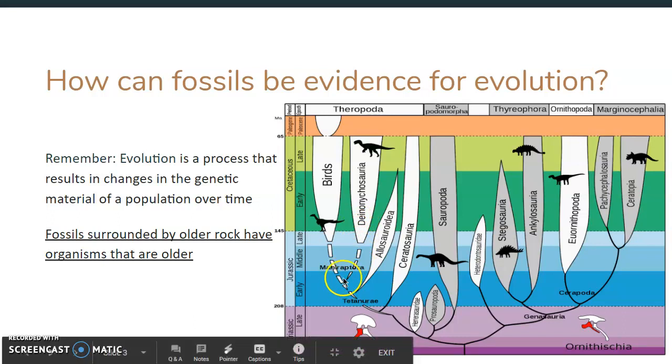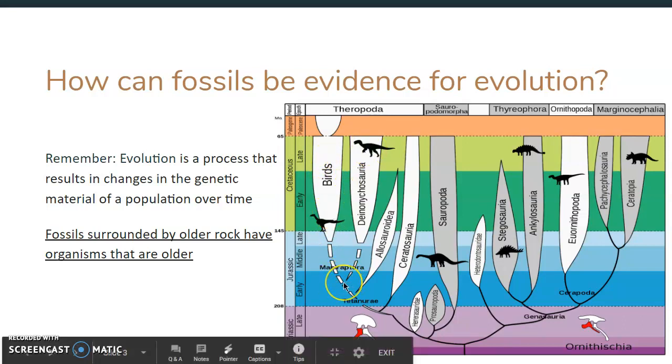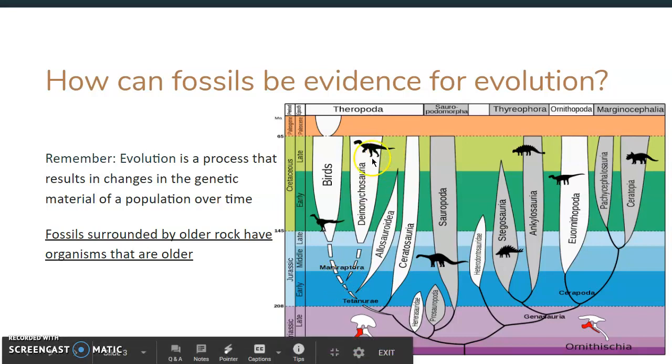Maybe if we found a fossil right here that looked very similar to a bird and to a Tyrannosaurus Rex, we could have some evidence that these two animals evolved from the same common ancestor. And we can keep doing that as we go farther back and things start to look more and more similar.